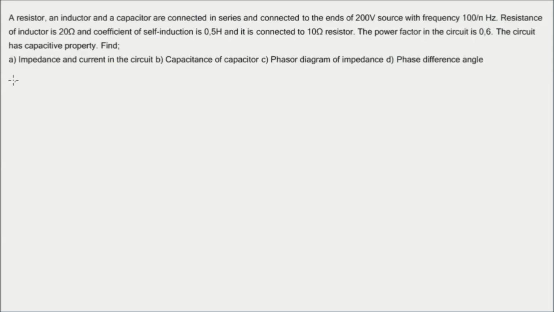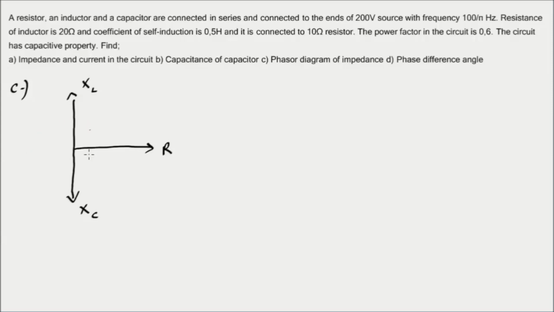Now, C says draw the phasor diagram of impedance. To draw the phasor diagram of impedance, we are using one way. Here there is XL, here there is XC, and here there is R. And what about the Z?